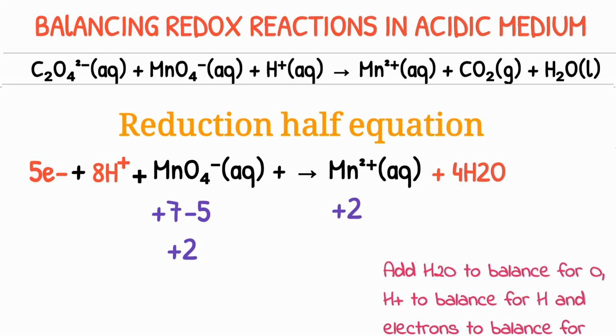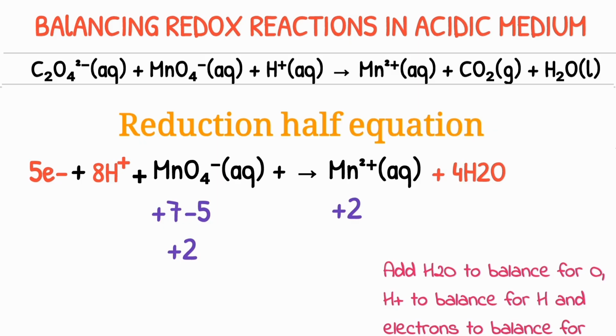Let me take it over again. We balance for charges by adding electrons. On the left-hand side of the equation, where we have permanganate ion, the charge was +7. And on the right-hand side of the equation, where we have manganese 2 ion, the charge was +2.